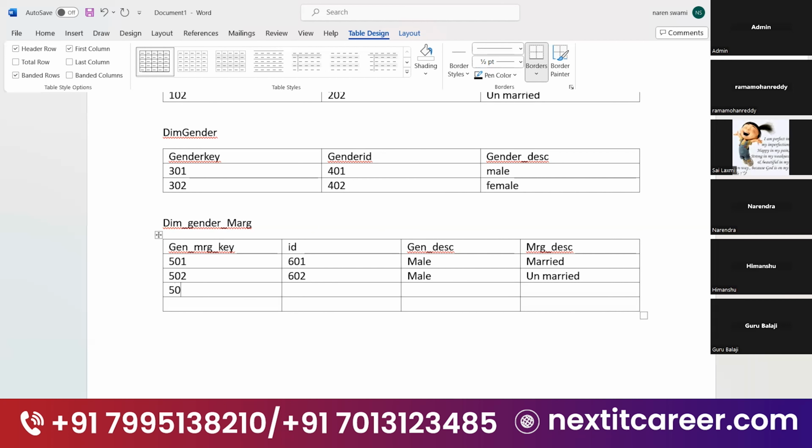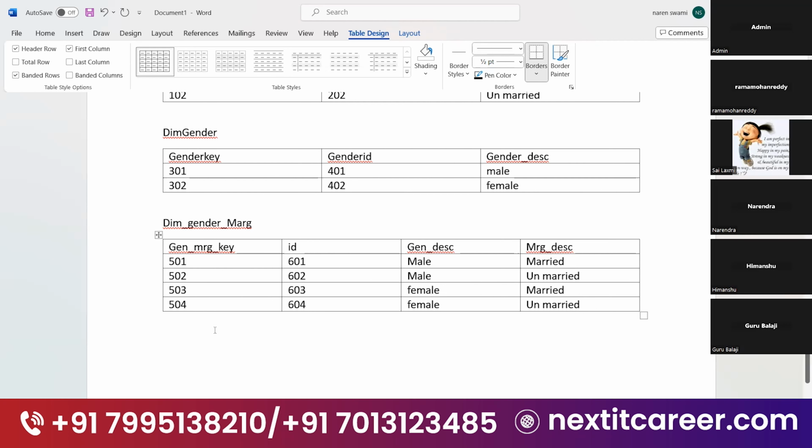So 503 and 603, female and married. And also 504 and 604, female and unmarried.